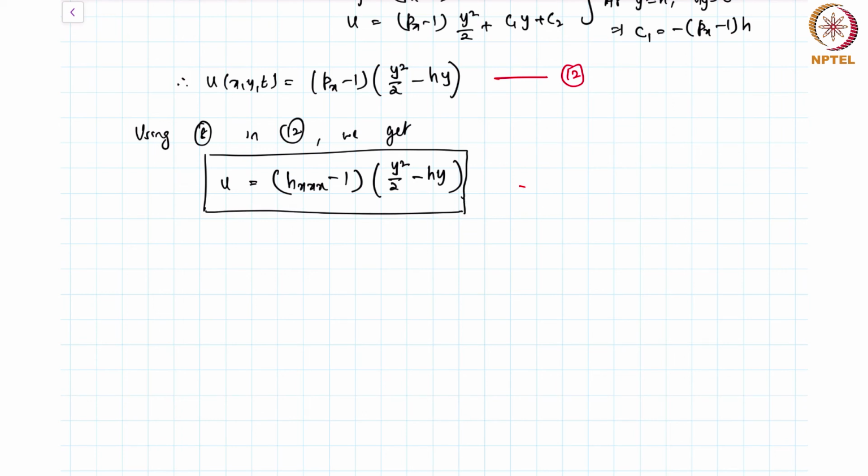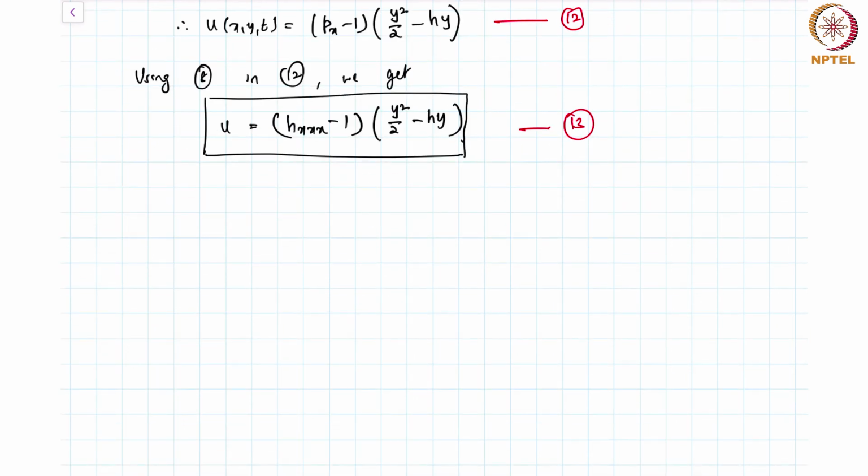This is an important result. So we actually got a parabolic velocity profile, which is driven by a balance of capillary pressure gradient and the gravity term, right?